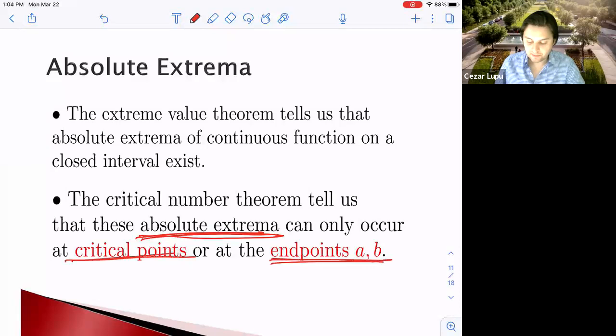Again, the extreme value theorem tells us that the absolute extrema of a continuous function on a closed interval exist, which is great. We know that they exist. But moreover, the critical number theorem tells us even more. We know where to find them. We can only find them at critical points or at the end points, right?